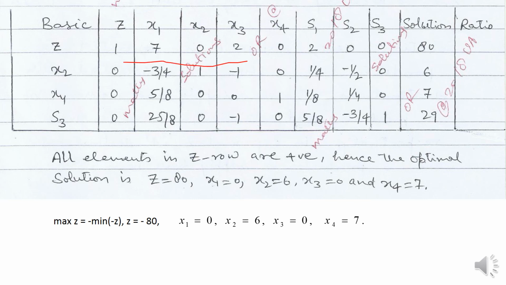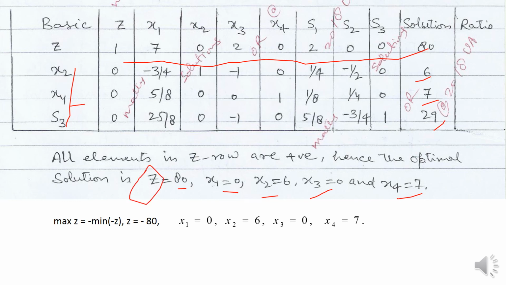Here no element is negative, therefore we got the z value as 80, and x1 is 0 because x1 is not existing in the basic solution. X2 is 6, which is here. X3 is not existing in the basic, so x3 is 0, and x4 is 7. So this is the maximum of z.